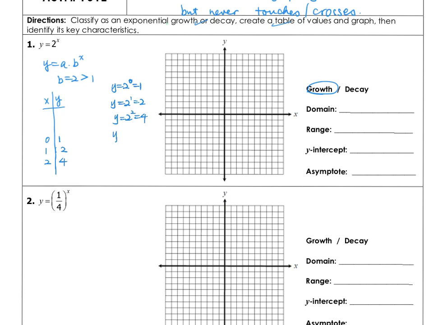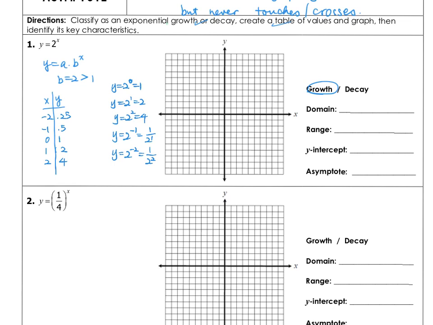And I can also go negative. Remember, a negative exponent brings that downstairs. So for x equals -1, I have 1/2, which is 0.5. And if I put in -2, then 2 squared comes down to the denominator, so that gives me 1/4.